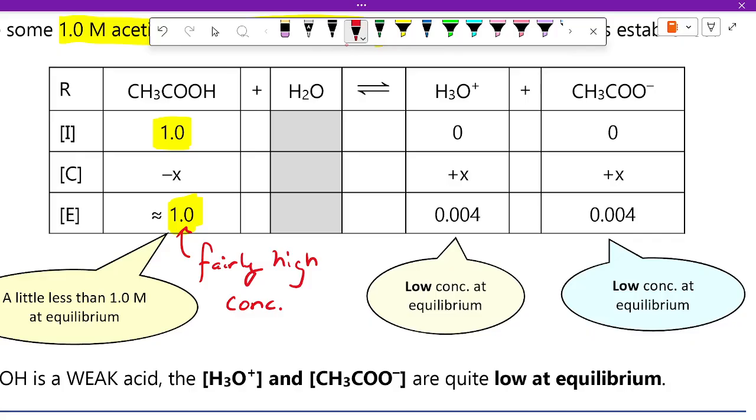If I were to add some hydroxide to this system, what would happen? It's going to react with hydronium. That's going to bring the hydronium concentration down, which will cause the equilibrium to shift to the right.